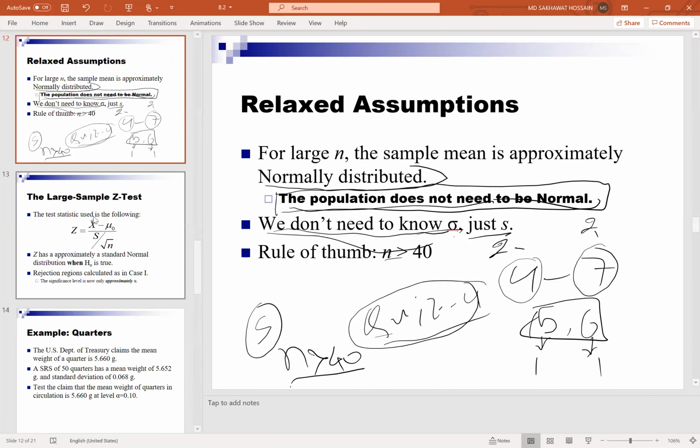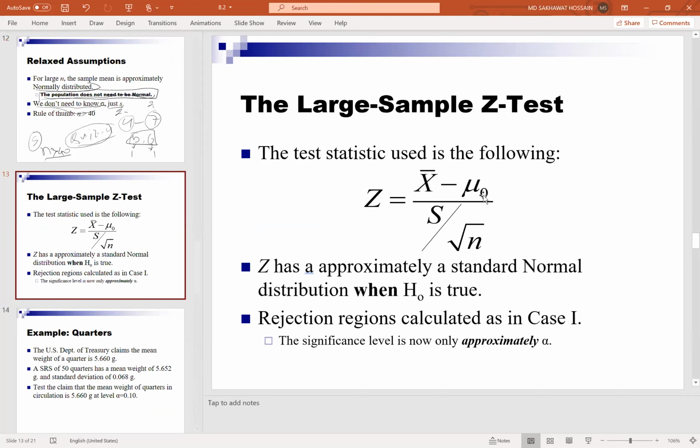In this case, the test will be z-test. Since n is large, even though sigma is unknown, you are using standard deviation s.